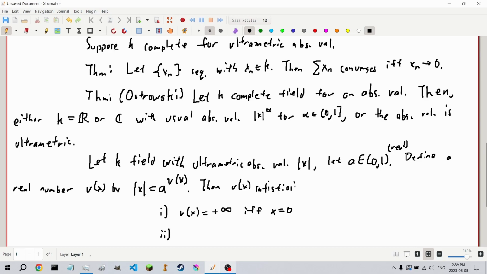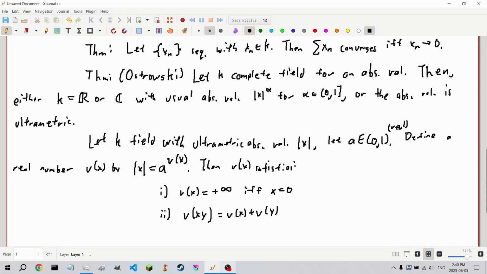Second is that v of x times y is v of x plus v of y. That's our standard product rule.